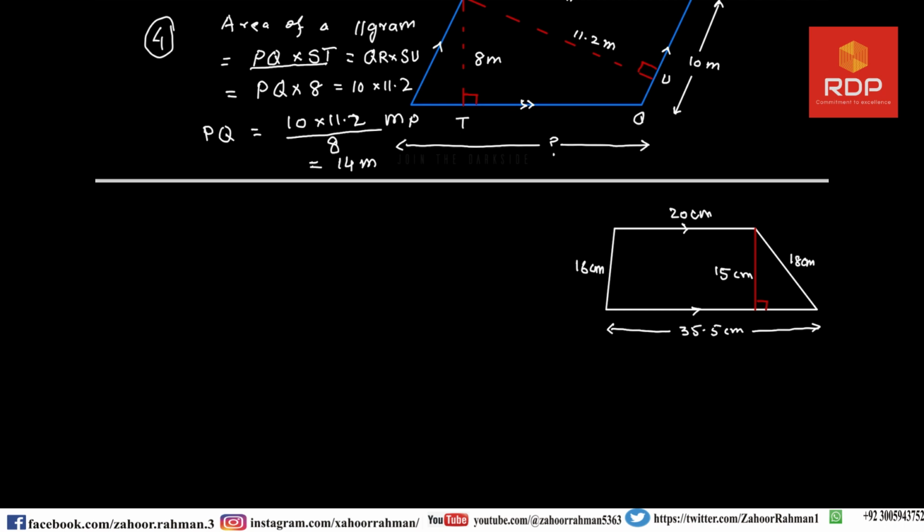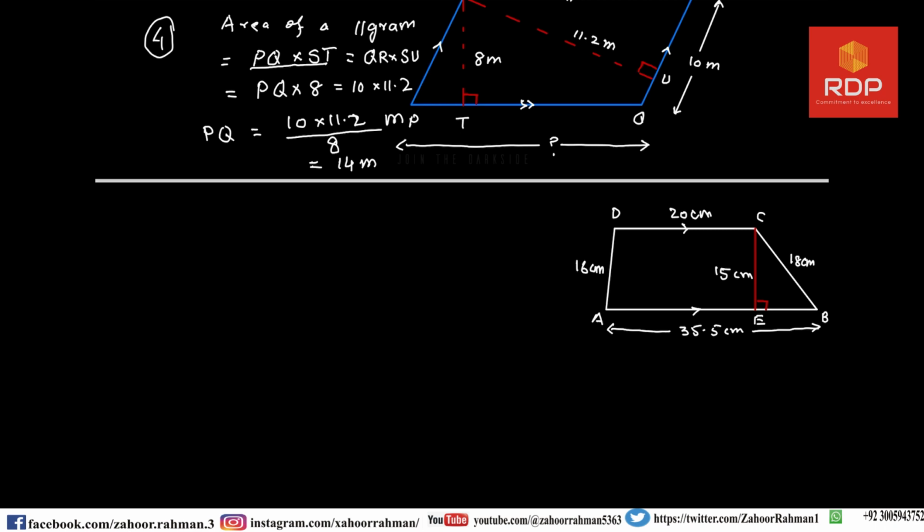In the first part they are saying that this is A, B, C, D is a trapezium, and there is another point which is E. So they are saying to find the area of this trapezium.